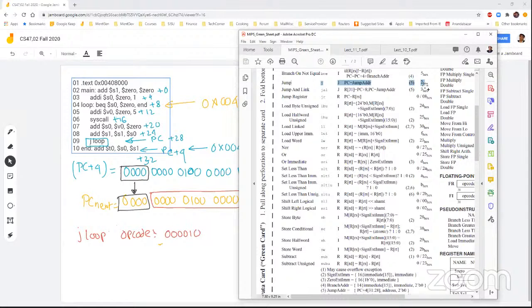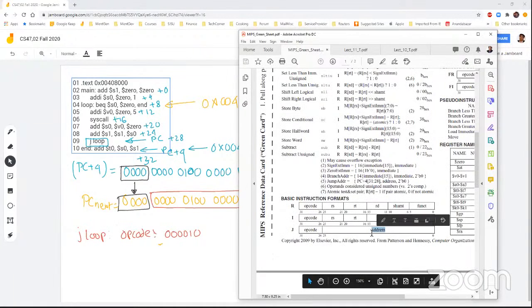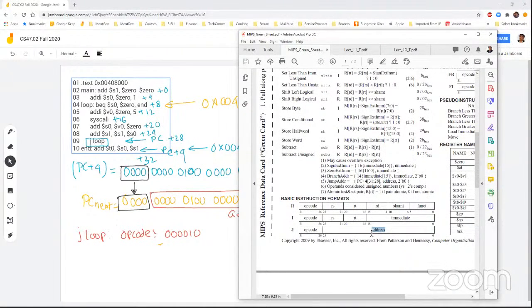And then the address field, the other part, we just computed here. So the address field becomes 00 0001 0000 0010 0000 0000 0010.